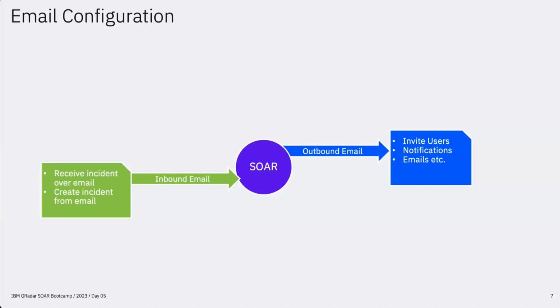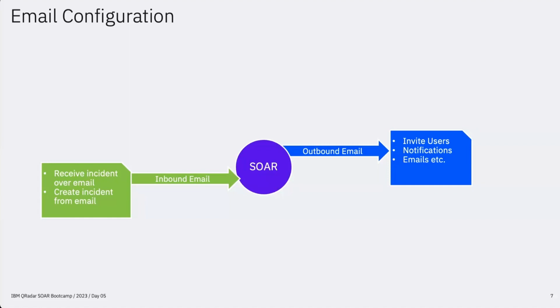So there are different ways that you can create a user on the platform. One is through the command line, the resutil command. Then you can also integrate user repositories like LDAP and SAML. Also, there is another option, which is invite users.